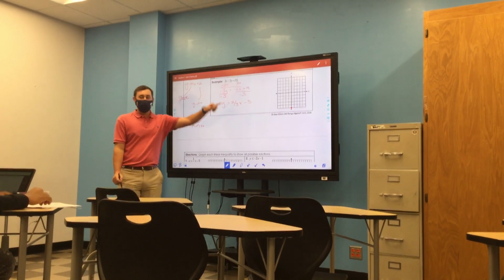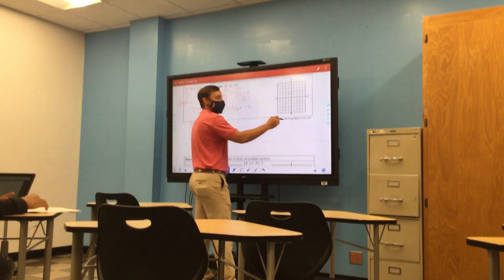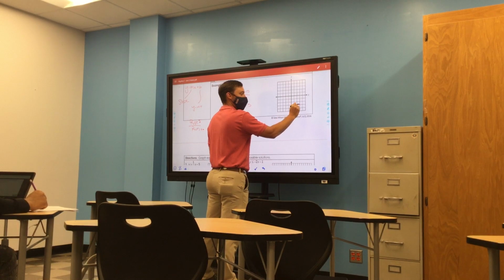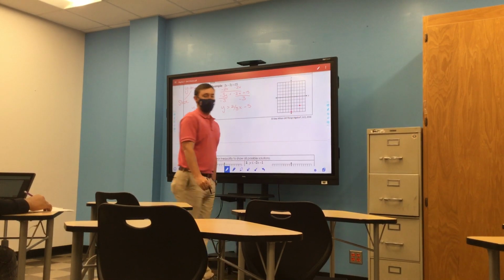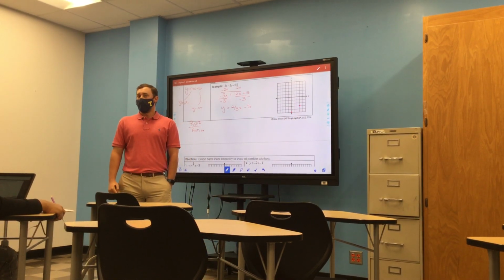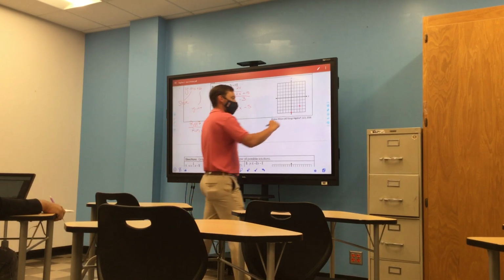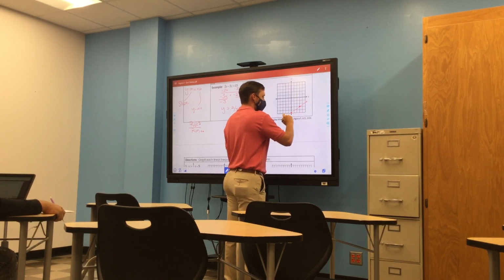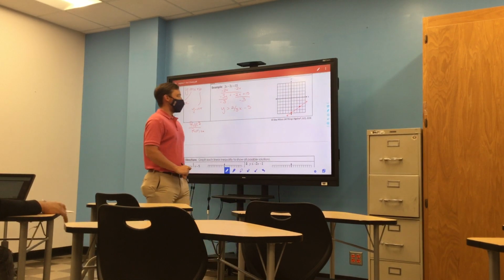If I've got a positive 2 for the rise, that means I'm going up 2. If I've got a positive 3 for the run, then that means I'm going right 3. So now I've plotted my second point. How many points do you need to grab? 2, right? So I'm going to just connect these dots. I want to connect those and run it all the way through. It would look like this.